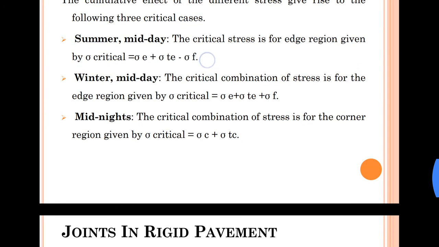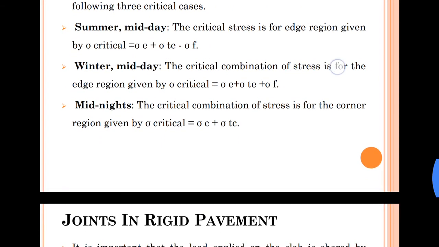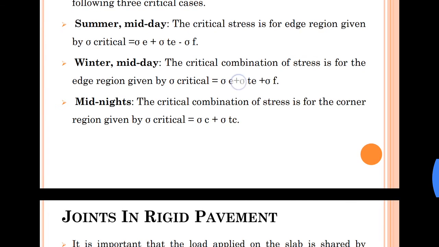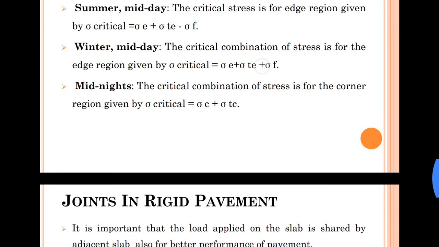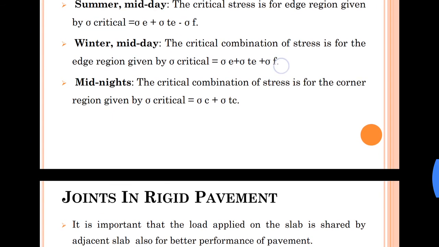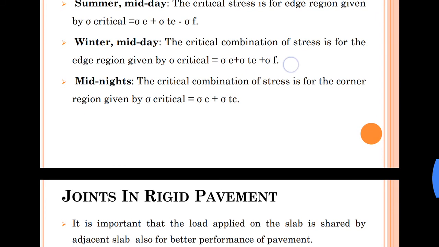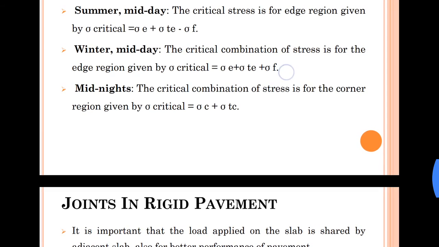Then for winter midday, the critical combination of stress is for the edge region, given by sigma critical equal to sigma E plus sigma TE plus sigma F, where the last one is frictional stress.